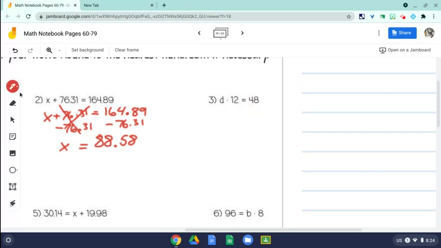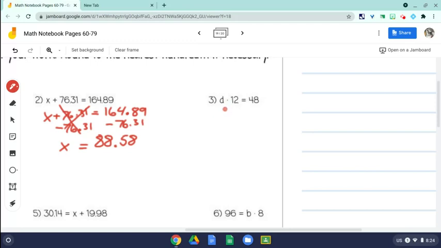Sometimes you'll see this as 12d, right? That's the same as d times 12. So we know that the inverse operation of multiplication is division. So the inverse operation is division here. I'm going to divide both sides of the equation by the same number, and it's going to stay equal.